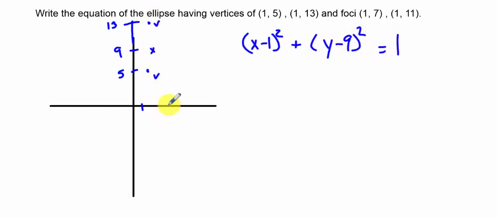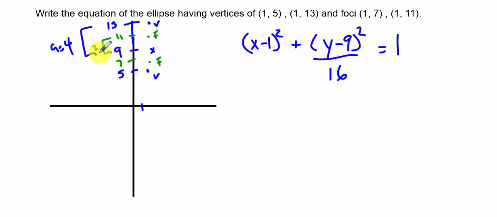I have a vertical major axis again. The a value in this case is 4, therefore a squared is 16. I have a focal distance, puts me at 7 and 11. That's a focus, and that's a focus. Those distances are 2 away from the center.